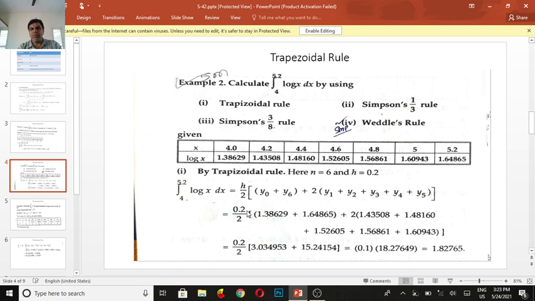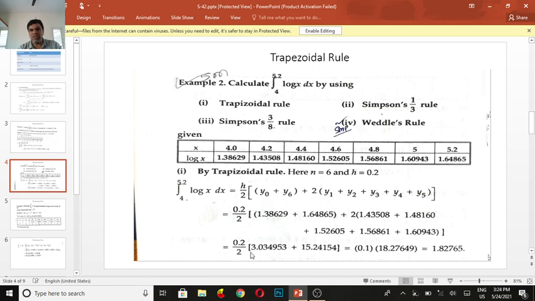So 0.2 divided by 2 of y0 is 1.38629 plus y6 is 1.64865, plus 2 times of y1 is 1.43508 plus y2 is 1.48160 plus y3 is 1.52605 plus y4 is 1.56861 plus y5 is 1.60943.